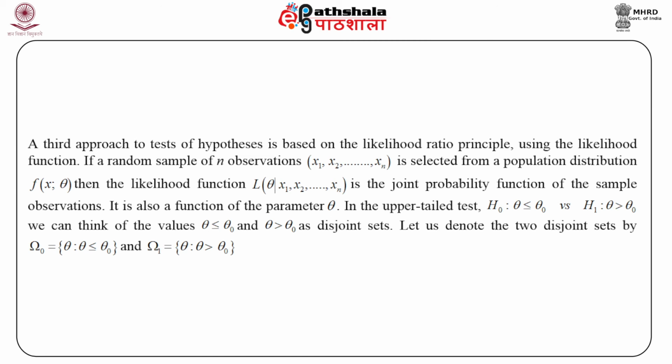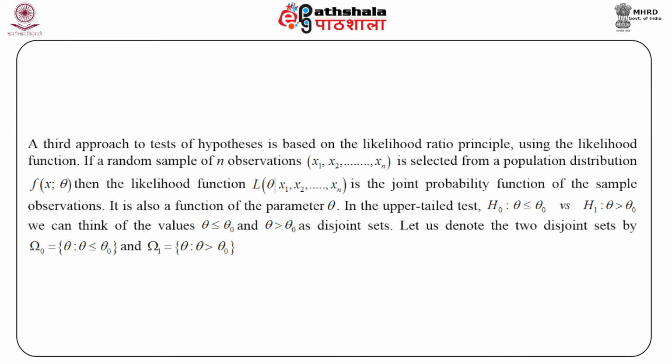In the upper tail test, where H0 is theta less than or equal to theta 0 versus the alternative hypothesis theta greater than theta 0, we can think of the values theta less than or equal to theta 0 and theta greater than theta 0 as two disjoint sets.